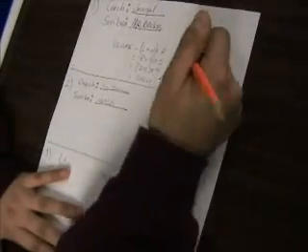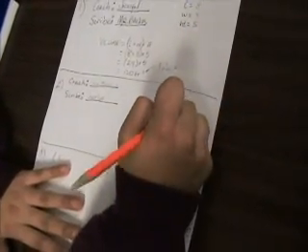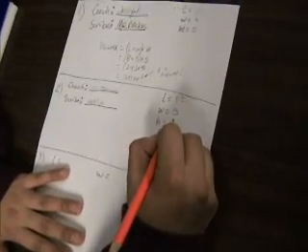I say that the length is 12, the width is 5, and the height is 6. I'm going to use the same formula. I'm going to do the base, length times width, because the bottom's a rectangle.